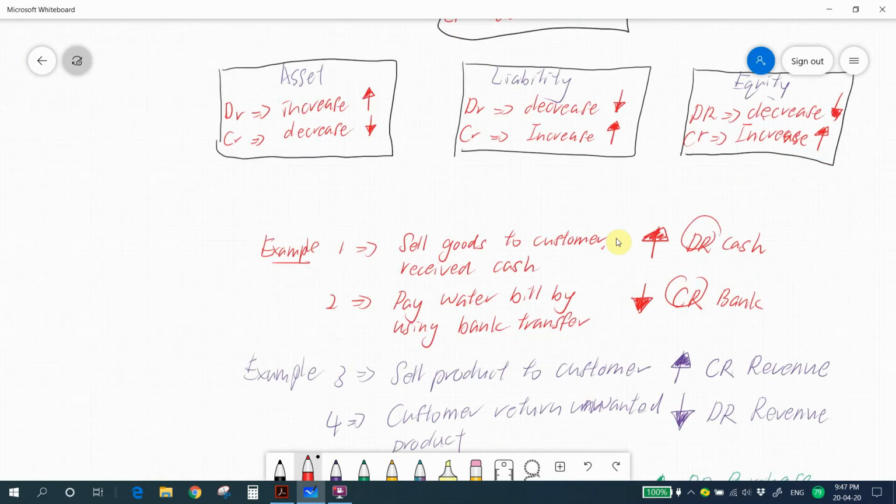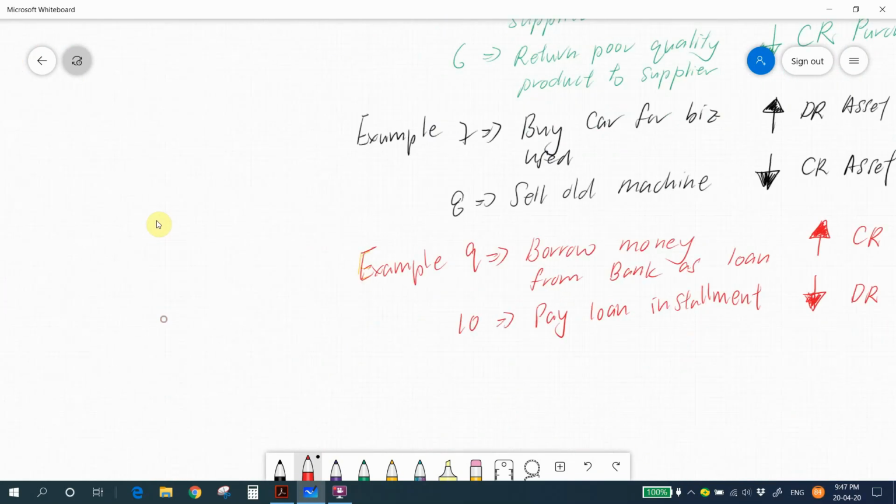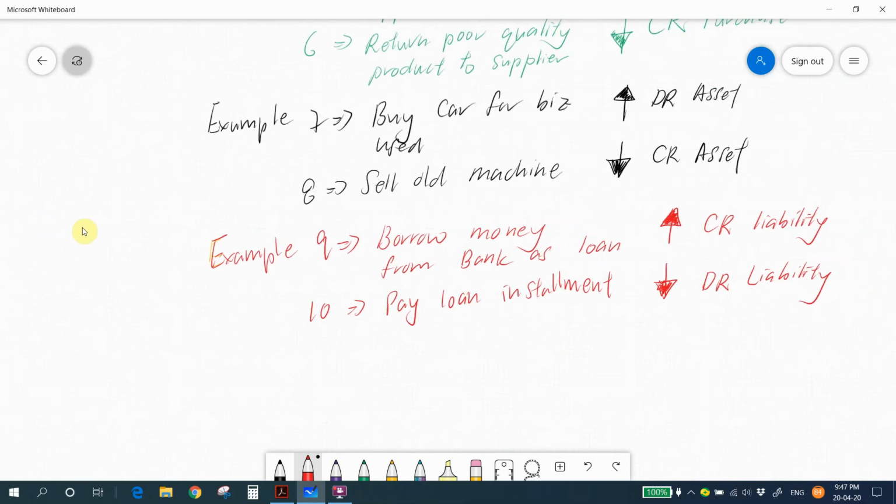Example, when you invest capital in your company, by invest capital in your company equity become higher or become lower?